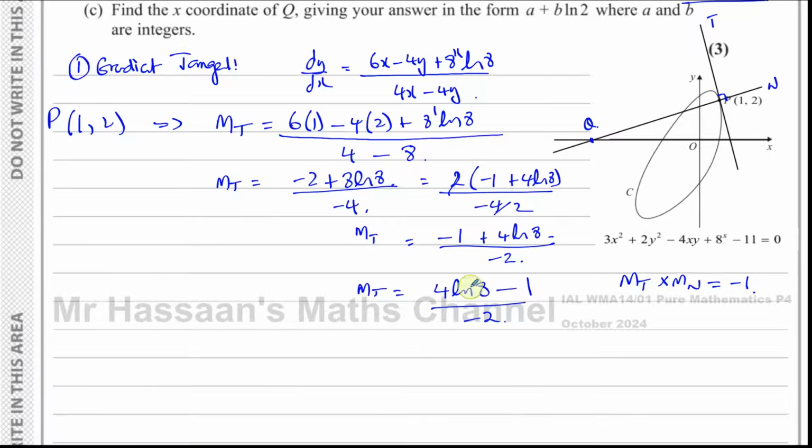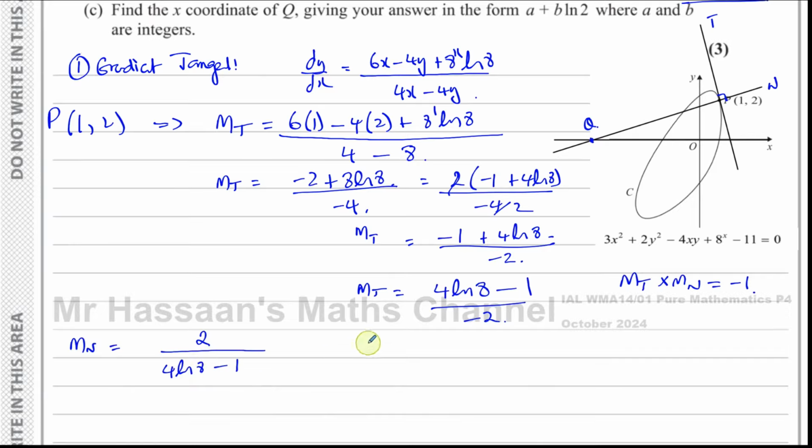So I need to turn this upside down. So the gradient of the normal is going to be the same thing turned upside down. So I'll have 4 times ln 8 minus 1, and we change the sign. The minus has become positive. So I've got 2 over 4 ln 8 minus 1. So I've changed the sign and I've turned it upside down. That's the gradient of the normal.